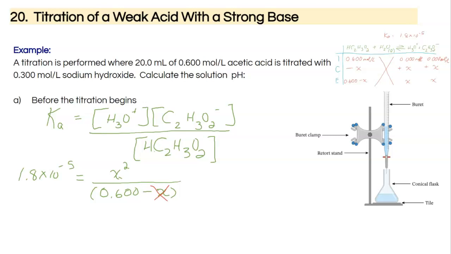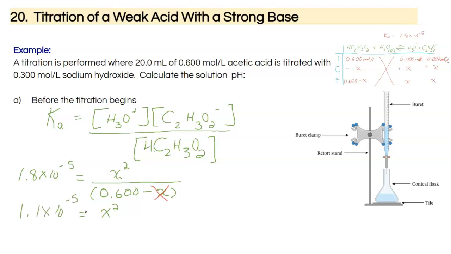And it's going to make my life a whole lot easier because now this becomes a very easy equation to solve. So I'm going to go through the math really quickly. I'm going to multiply this 0.6 times my 1.8 times 10 to the negative 5. And so that's going to give me x squared is equal to 1.1 times 10 to the negative 5.